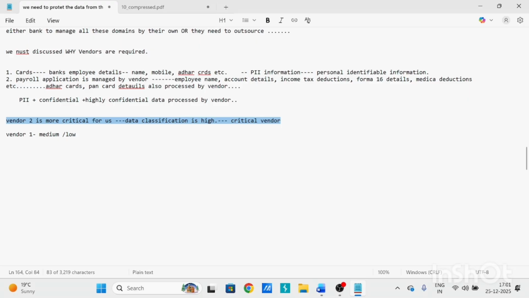What are the backups, what is the disaster recovery plan for vendor two? We need to properly assess their documentation and their application hosting strength. What is the encryption level, what are the three-tier methodologies, whether all the access controls are proper or not. Complete maturity assessment and due diligence for vendor number two would be required.